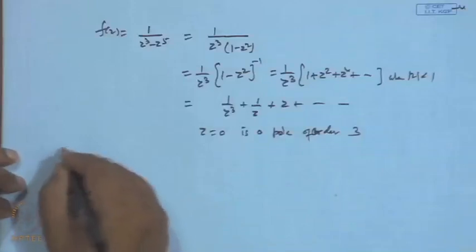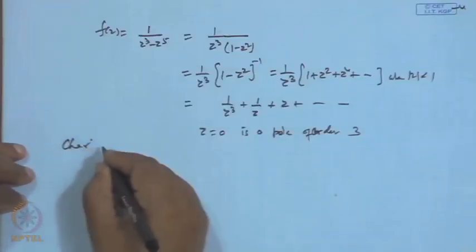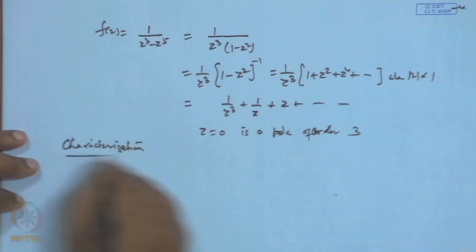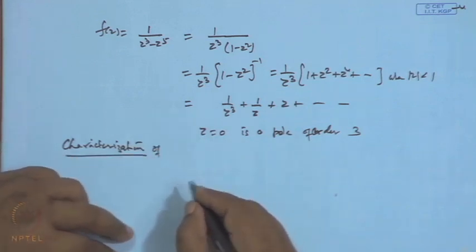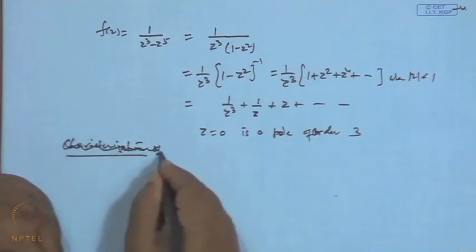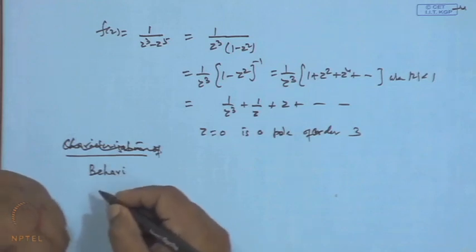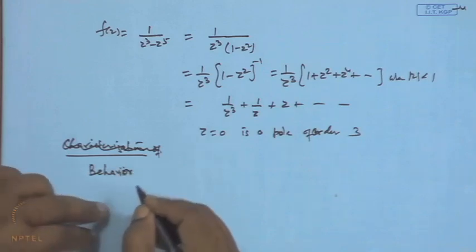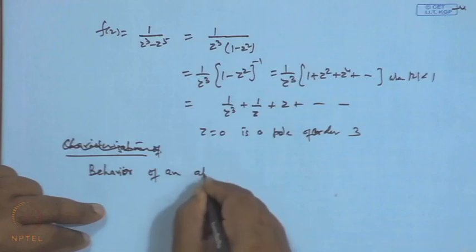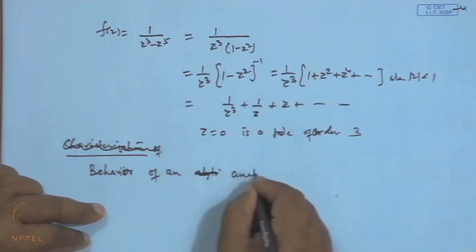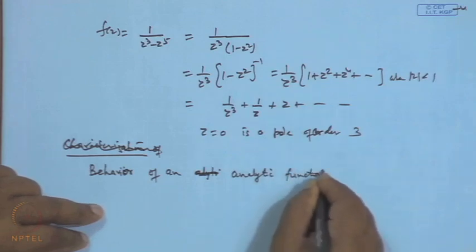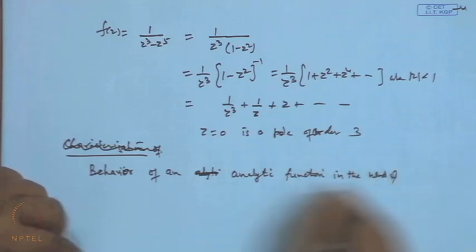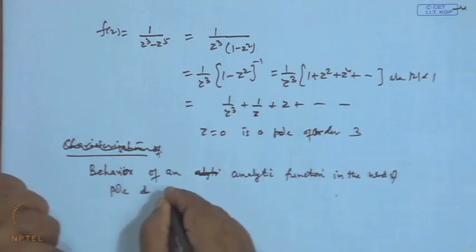The characterization of the behavior of an analytic function in the neighborhood of a pole and an essential singularity.